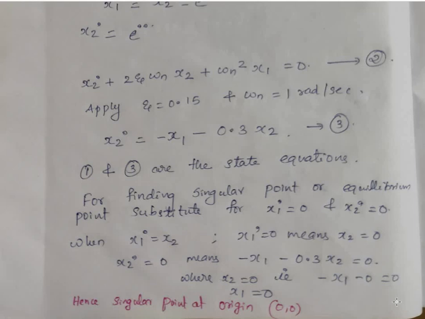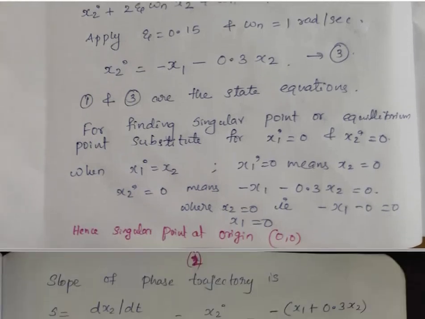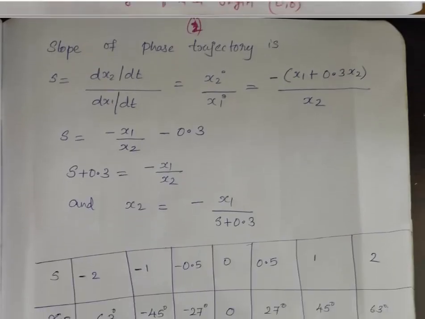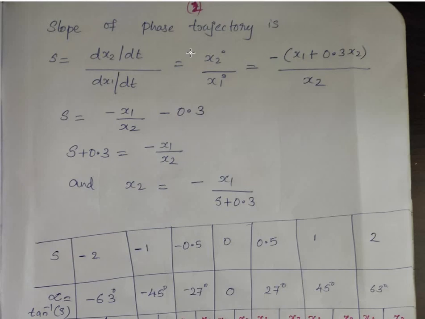The next question is we have to construct the phase trajectory by using the method of isoclines. So now we will discuss that. For constructing the phase trajectory, first we have to find the slope S. Slope S is equal to dx2 by dt divided by dx1 by dt. dx2 by dt is x2 dot and dx1 by dt is x1 dot.